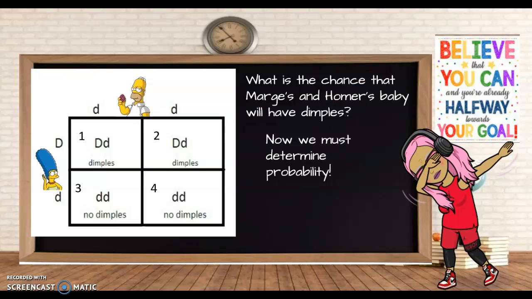I don't remember the numbers. But you can see clearly that this box corresponds to these 2 letters, and this box corresponds to these 2 letters, one from each parent. And this one from these 2. And box 4 is from these 2. So now we can determine the probability.